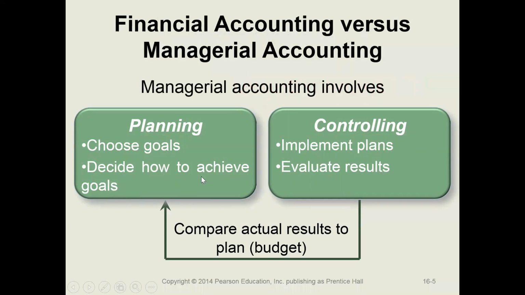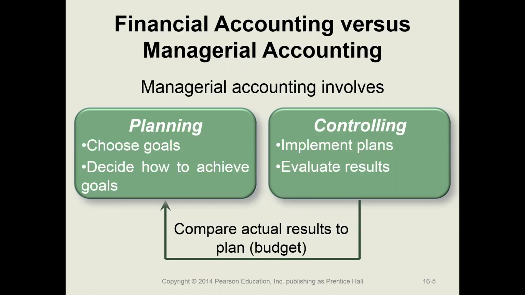So planning obviously is done ahead of time. So setting goals and then trying to determine what is necessary to achieve those goals. Controlling, on the other hand, is during the process of actually implementing those plans and then evaluating the results.